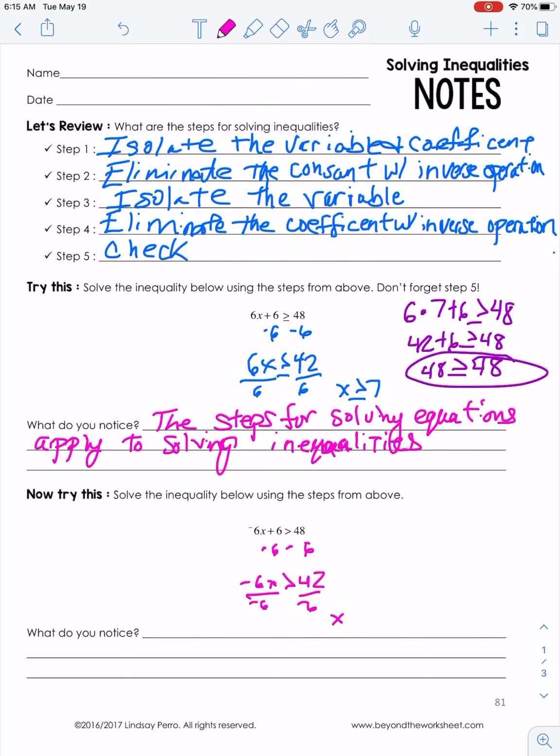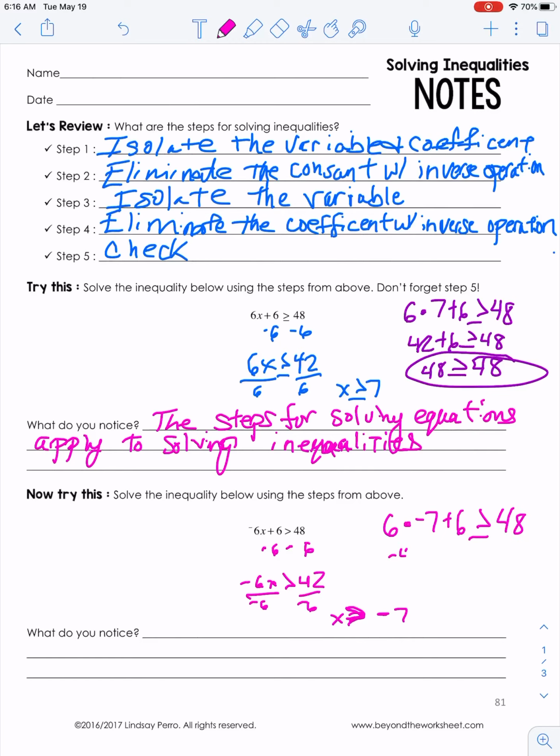So x is greater than negative 7. Let's see if that works. So let's substitute it back in. 6 times negative 7 plus 6 is greater than or equal to 48.